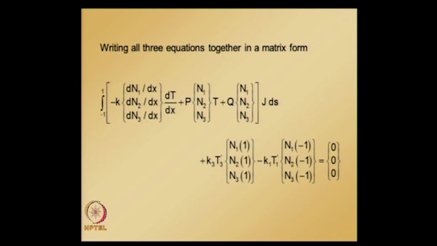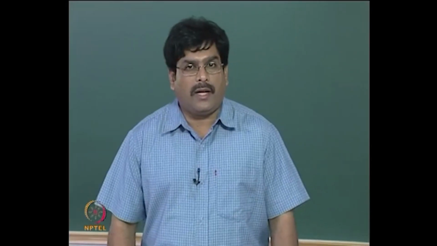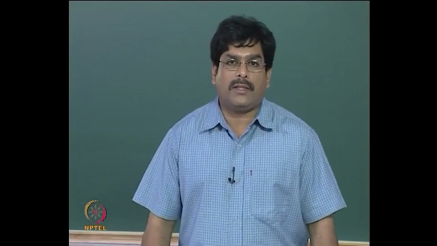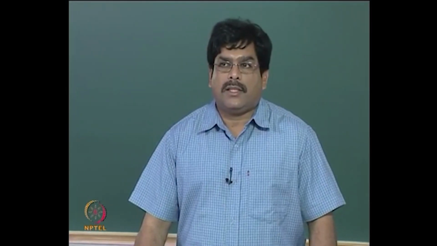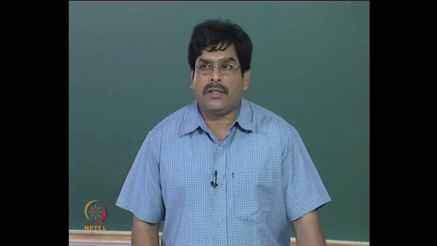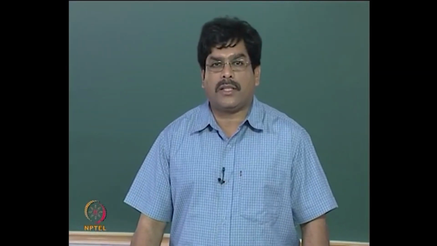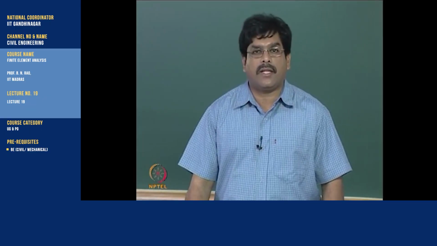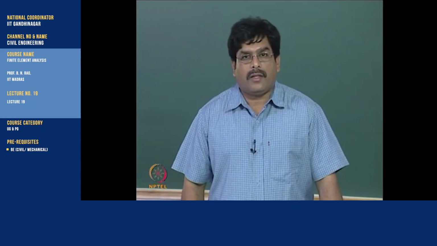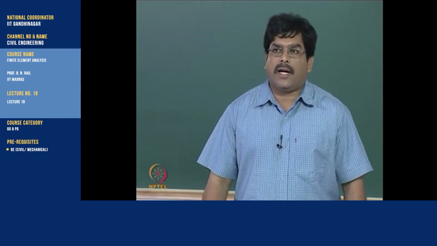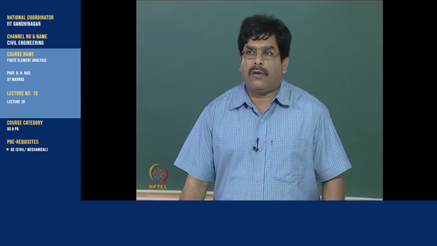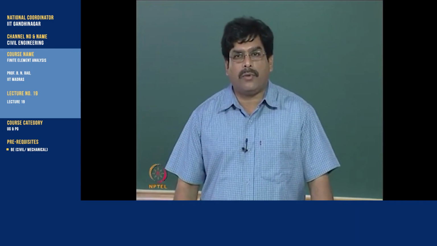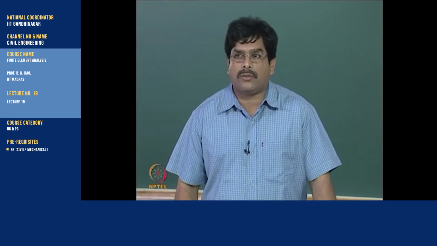And please note that here shape function n1 is going to be 1 when it is evaluated at s is equal to minus 1, and shape function n3 is going to be 1 when it is evaluated at s is equal to 1, and n2 is going to be 0 both for s is equal to minus 1 and s is equal to 1.